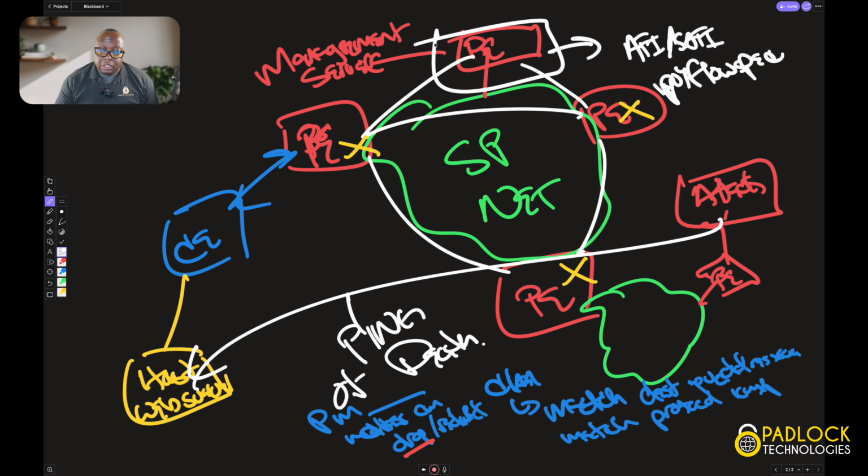Now, there is another way, and they do have this other thing here where I said redirecting to a cleaning center, where your CE, let's say they had another PE over here, and this PE was at the cleaning center. Now here you would have a GRE tunnel to that other PE in the cleaning center.